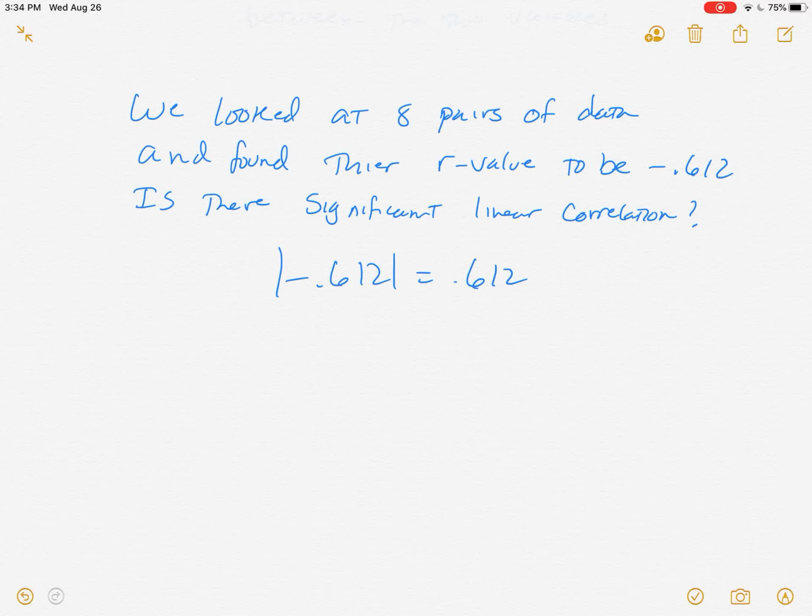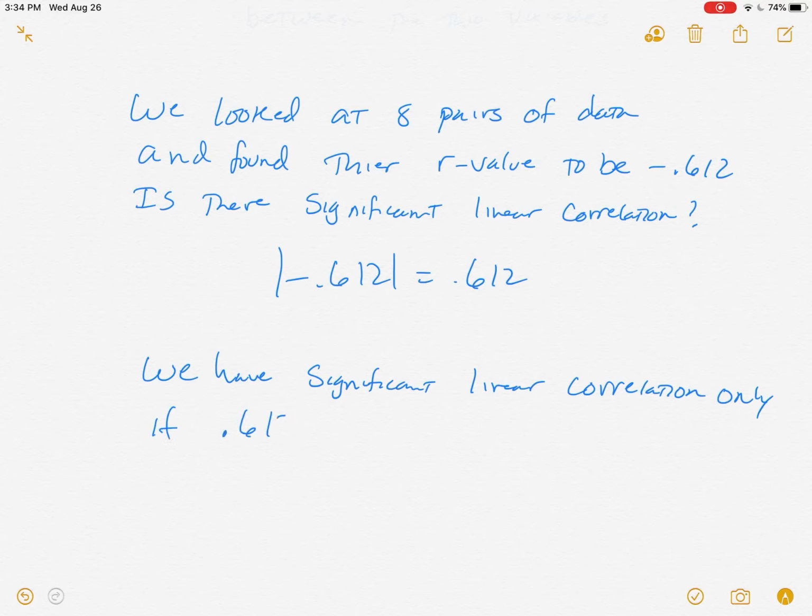So I'm going to word this a little bit differently. We have significant linear correlation only if 0.612 is greater than 0.707.